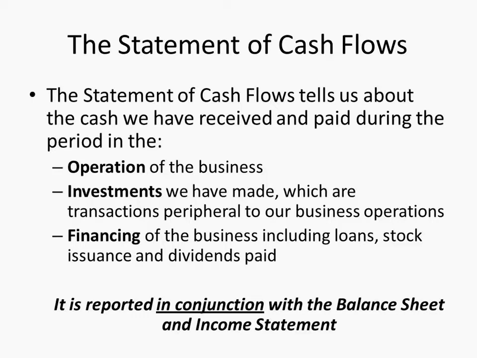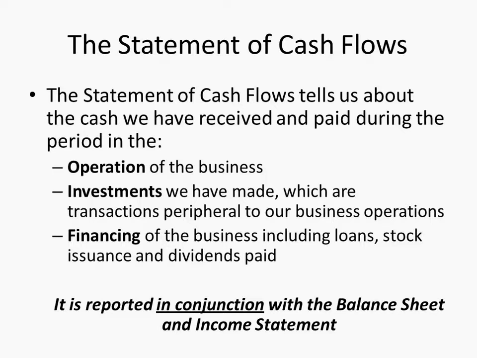We need to know how much cash came in to operate our business. How much cash are we getting on these sales? How much cash are we paying on our expenses? We need to know how much cash we are paying or receiving to sell off our investments. Is that what's making our cash balance high? Or are we investing in something, which could be an indication of future growth, like we said?